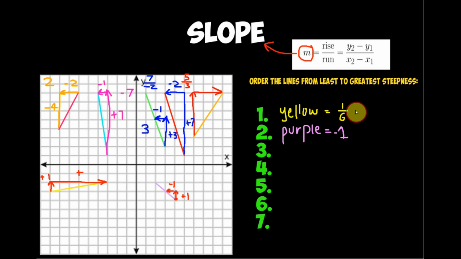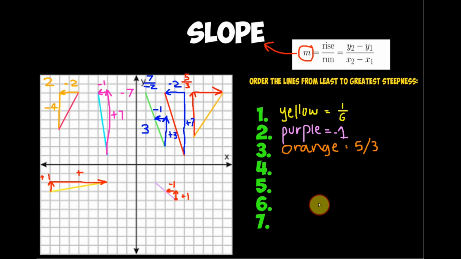So now we have all our slopes and we can group them. So we have yellow with 1/6, purple with negative 1, and then we will have orange with 5/3. Orange with 5/3, and that's positive.